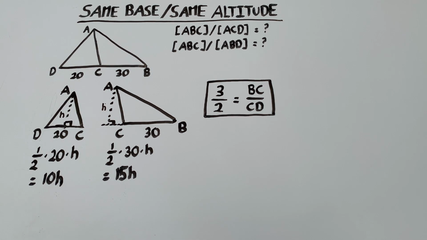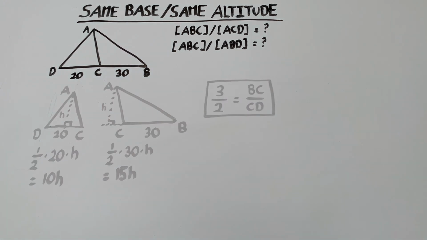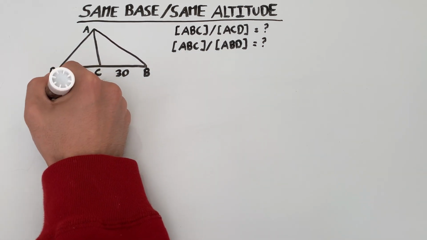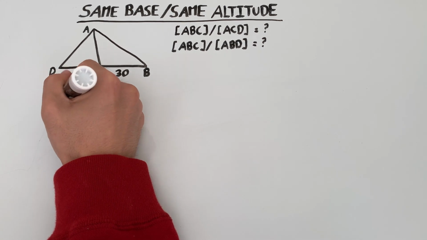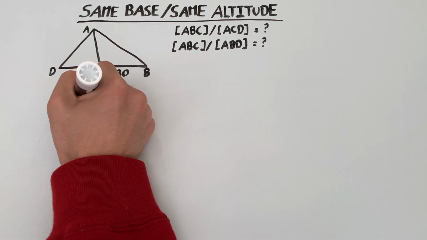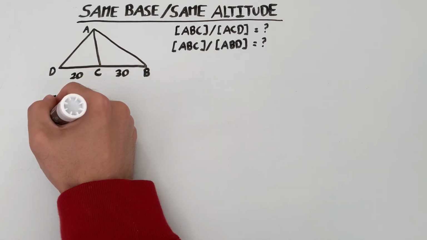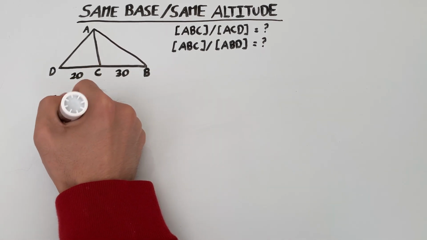Well, let's take a look at the next problem. So this time, we need to find the ratio of the area of triangle ABC to the whole triangle ABD.